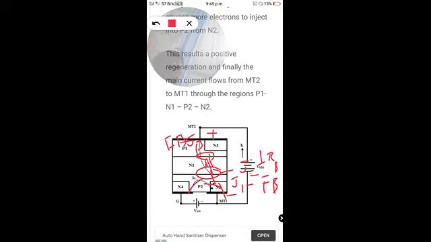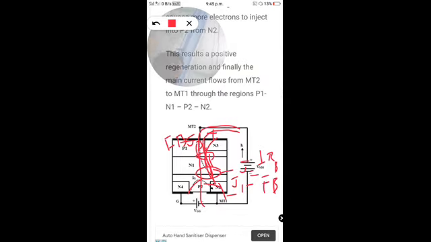So all the electrons will move freely from J2 to J3, from MT1 to MT2. So the current will flow from MT2 to MT1.